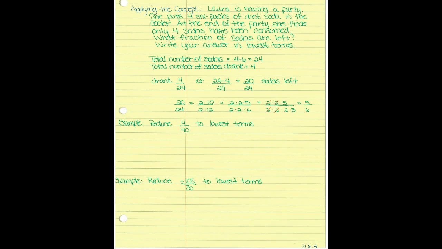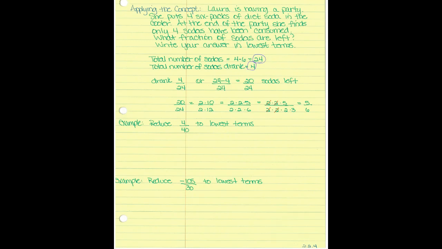First, we need to know what the total number of sodas are. 4 6-packs. It's going to be 4 times 6, so we have a total number of 24 sodas. And we do know that 4 of them folks drank. So that's 4 out of 24.